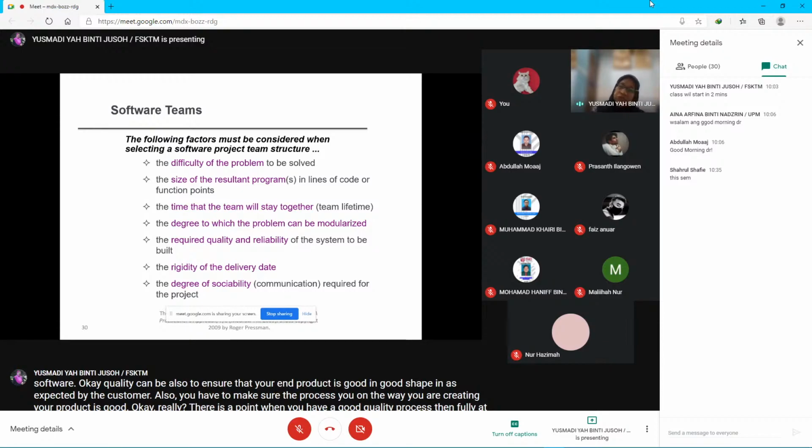Right? So delivery date, that is the time constraint. In the software industry, when a developer wins a project, for example, UPM announces to software developers that we have one project and we decide to outsource. That means they want to hire an outside company to develop a system.